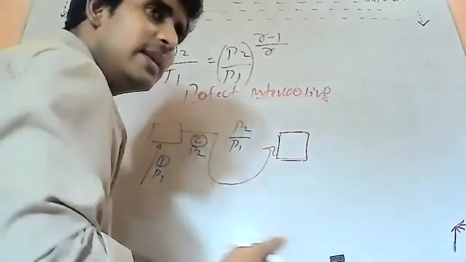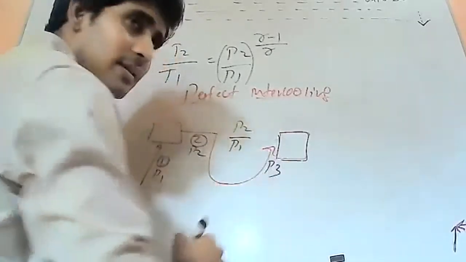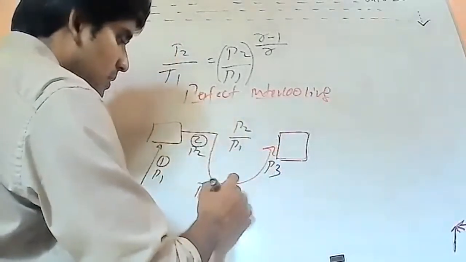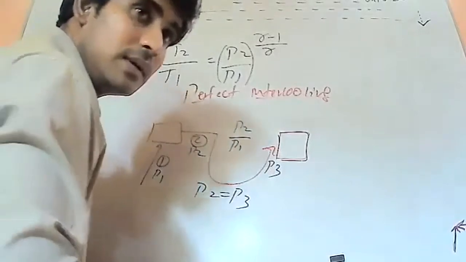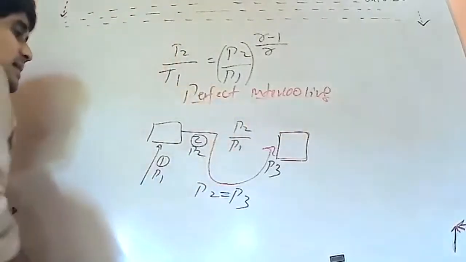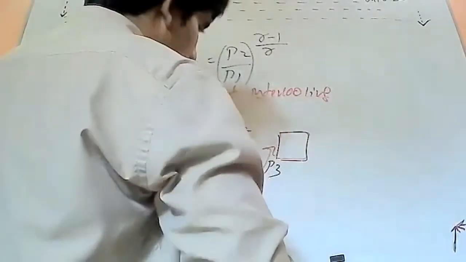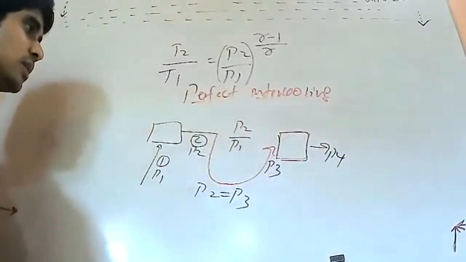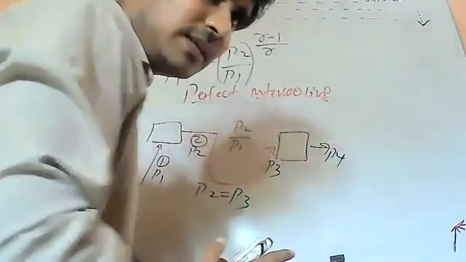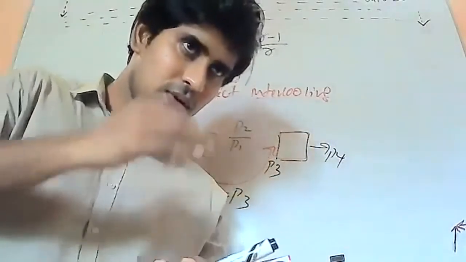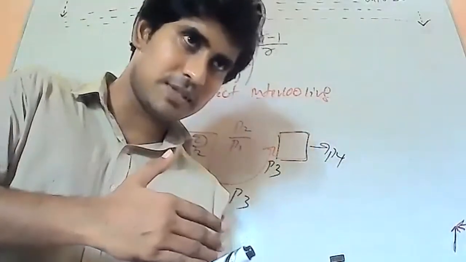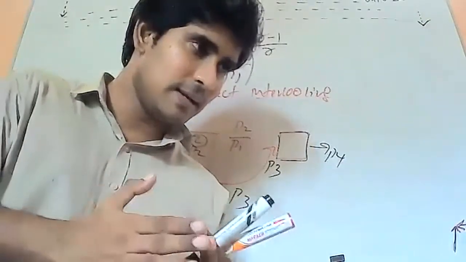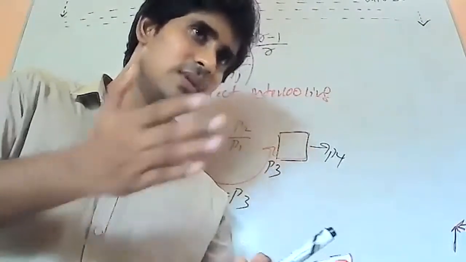Let's call this a new name, P3. But you know P2 equals P3. No problem. Then after the second compressor, it is compressed again up to P4. Now the overall compression ratio means the ratio of the final pressure to the initial pressure, the input pressure sent to the compressor.